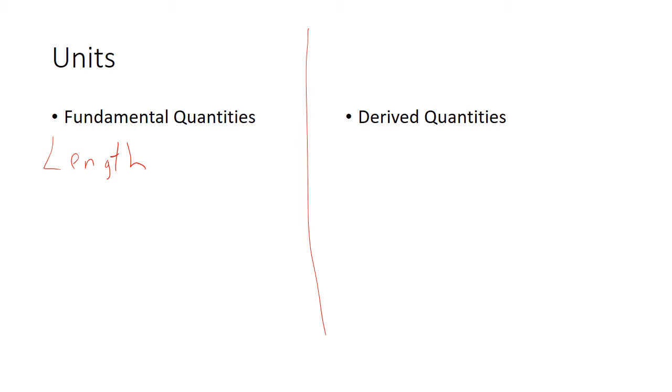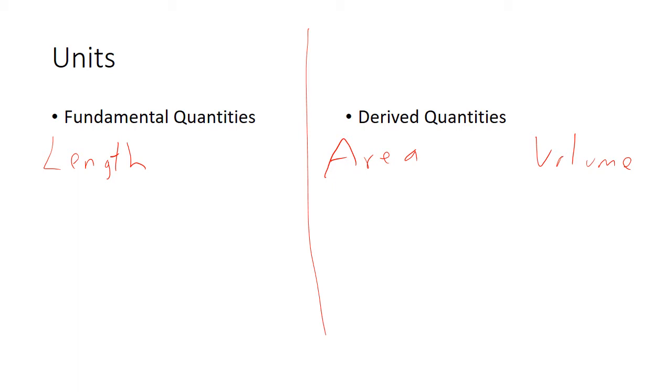Well, length times width. Wait a minute, what's width? Well, width is just length sideways. So it's two lengths. So area would be an example of a derived quantity. Likewise, volume is an example of a derived quantity. You would find the volume of something by length times width times height.